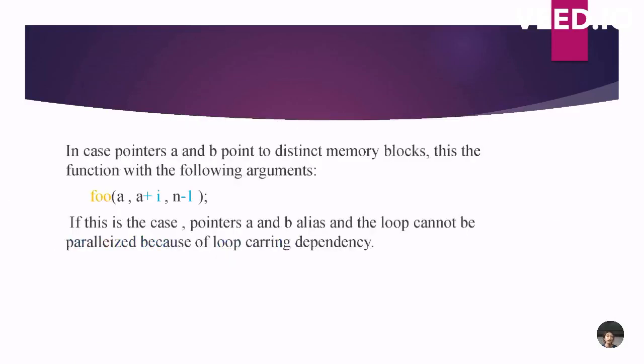In case pointers A and B point to distinct memory blocks, the function works with the following argument. If this is not the case, pointers A and B alias and the loop cannot be parallelized because of loop carried dependency.